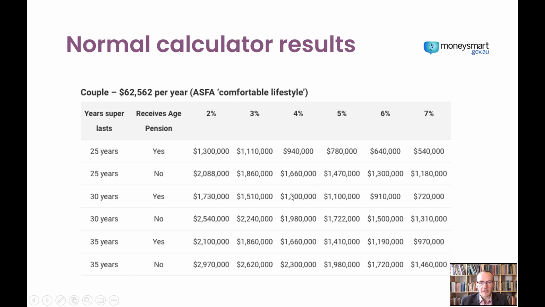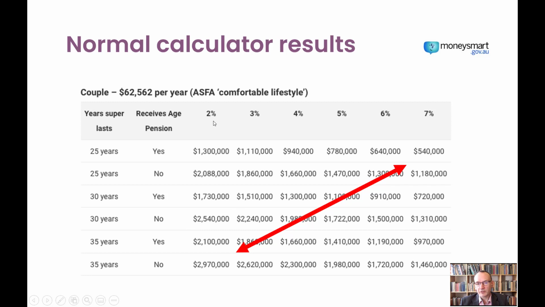So if we think about a couple of extreme scenarios, if they earned 7% as their return year on year, and their superannuation needed to last 25 years, then they may only need, say, $540,000 saved up to achieve that lifestyle for that time frame.